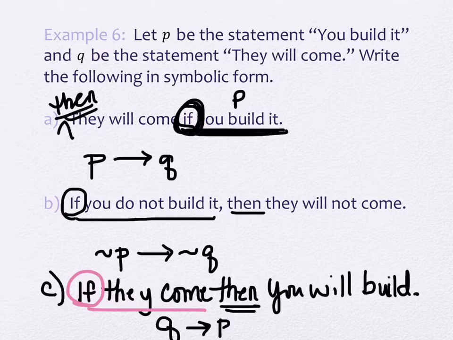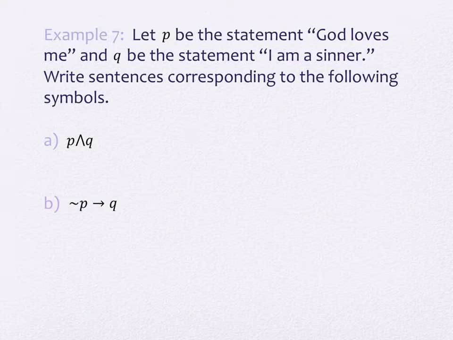Okay, is that all right? Okay, I have another one. We're going to go the other direction. We have some symbols, and we have some language associated with them, and we're going to write the sentence that they represent. P is the statement, God loves me, and Q is the statement, I am a sinner. Okay, so the first one, what symbol is occurring between the P and the Q? It's and. So we're going to first write down what P represents in sentence form.